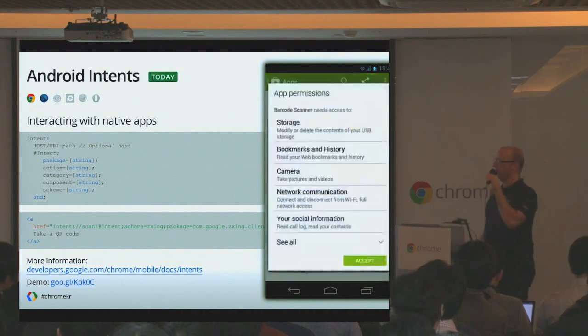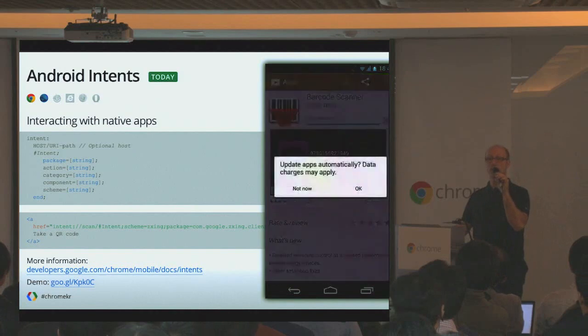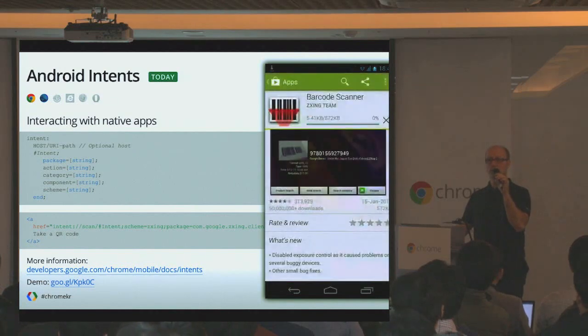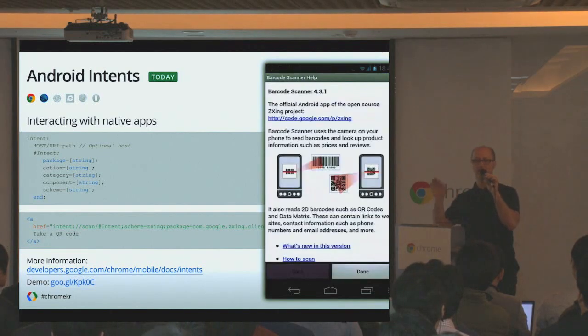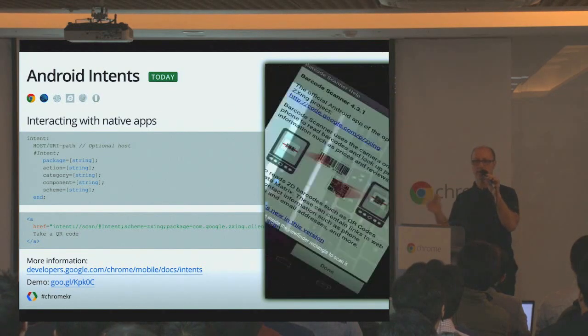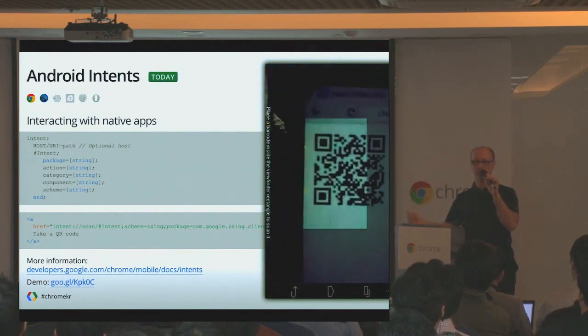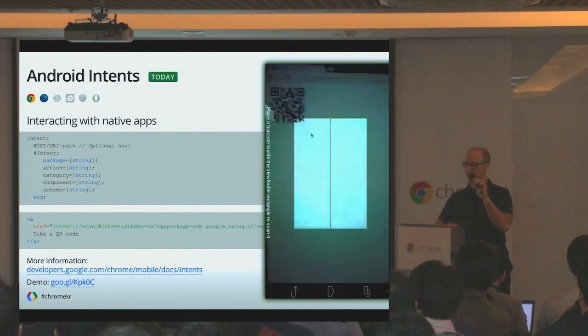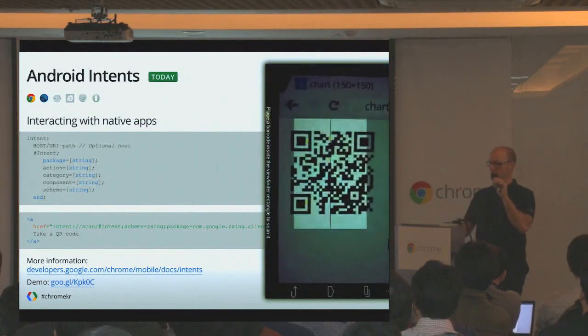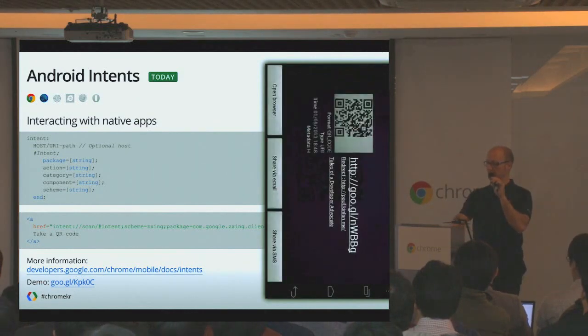Now, another feature of mobile browsers that most people wouldn't know about is the use of Android intents. So when you have URLs, you can specify the target that you're trying to hit. So normally you jump to a website or you jump to something else, but you can actually specify an intent. So if you see here, we've set an intent of a barcode scanner.